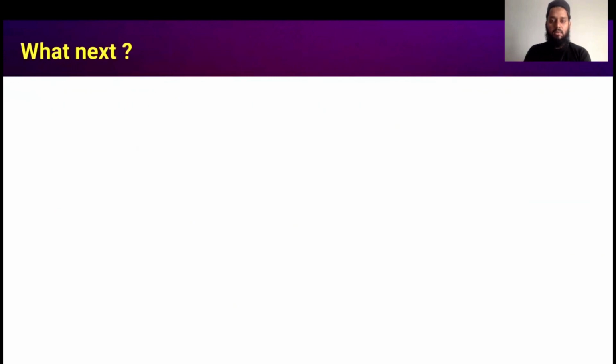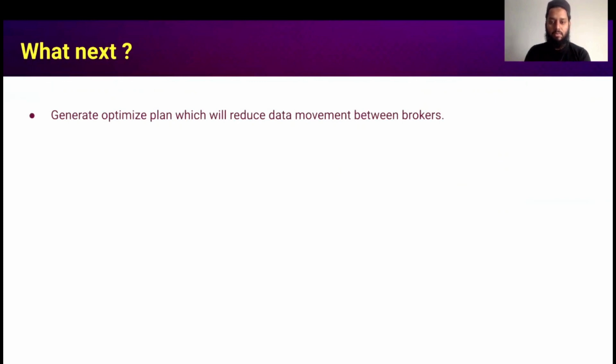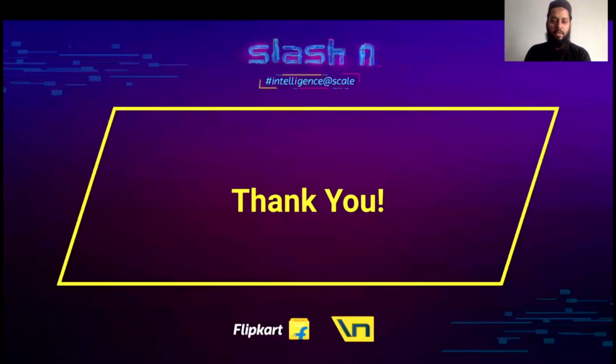So what's next? The plan generated currently is not well optimized, and the movement of data can be reduced. We will try to optimize the plan. Effectively, this will reduce the reassignment operation cost, or time. Thank you.